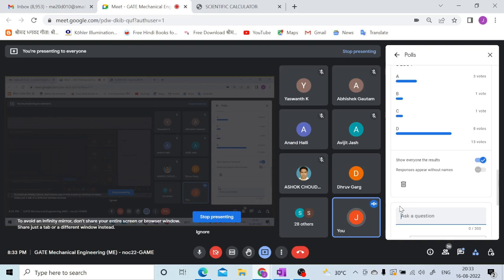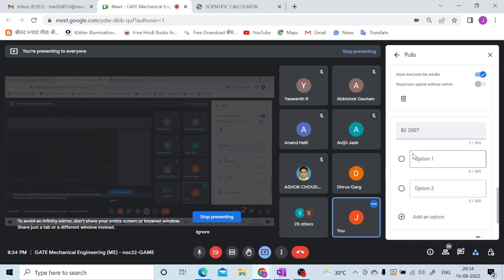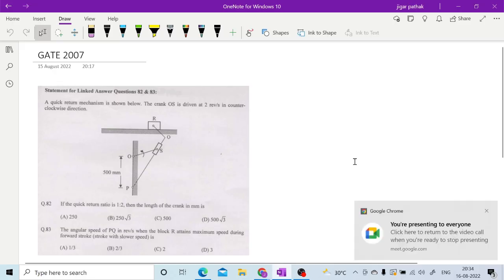One second. A, B, C, and D. Yes, can you see the question? Please try this.